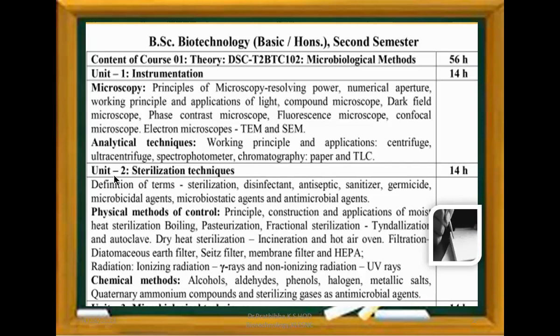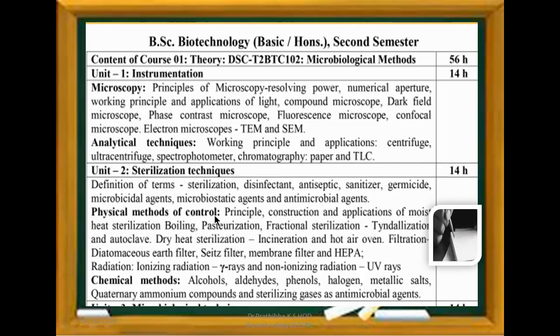Okay. Unit 2, sterilization techniques, where in the beginning you need to be familiar with definitions of terms like sterilization, disinfectant, antiseptic, sanitizer, germicide, microbicidal agents, microbiostatic agents, and antimicrobial agents. All these definitions you must know to understand further about microbiological methods.